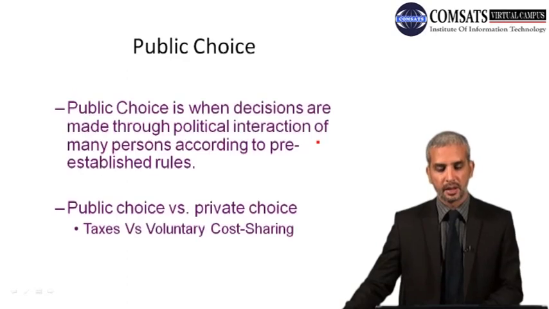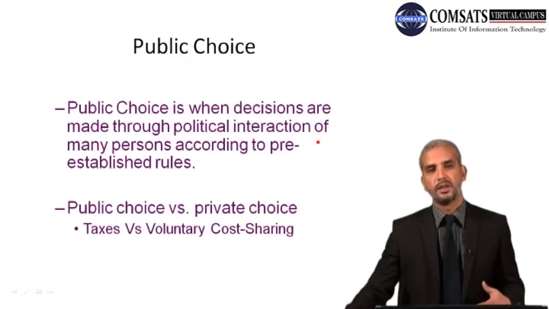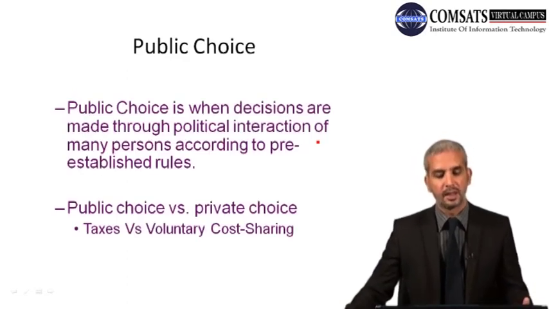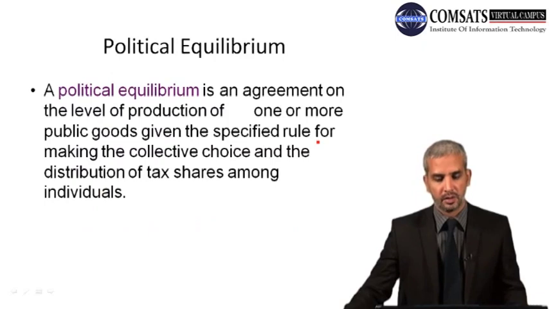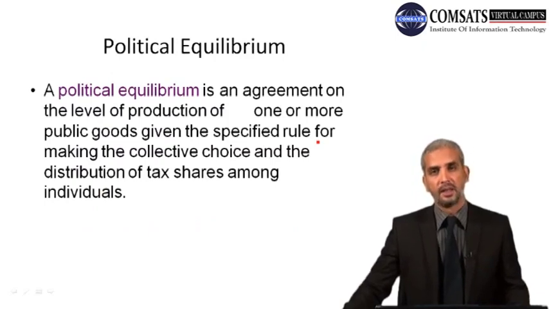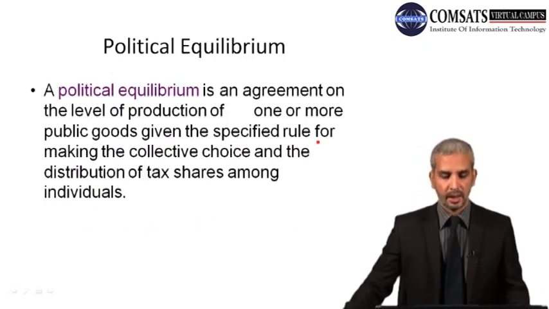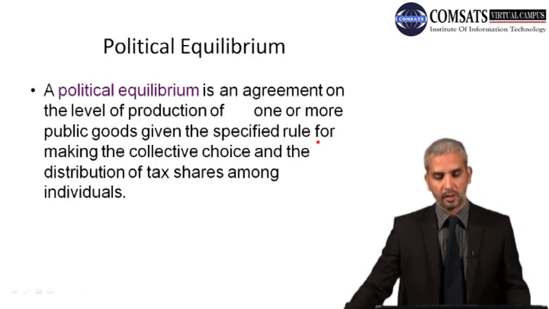We started with public choice, which is when decisions are made through political interaction of many persons according to pre-established rules, and now we are discussing those pre-established rules. Now what is a political equilibrium? It is an agreement on the level of production of one or more public goods given the specified rule for making the collective choice and distribution of tax shares among individuals.